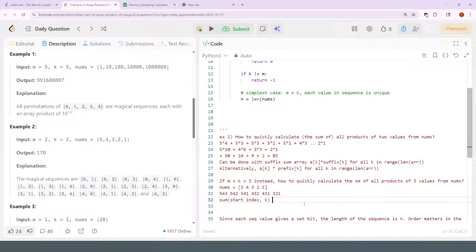Start index is s, and let's call this the function f of s, k.